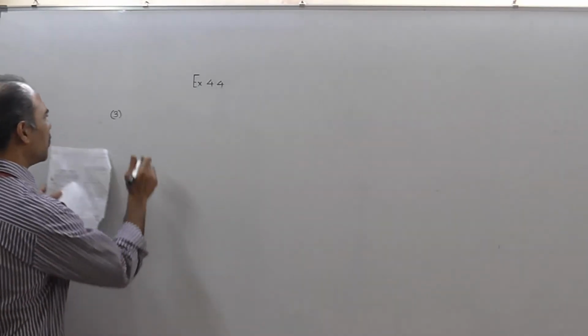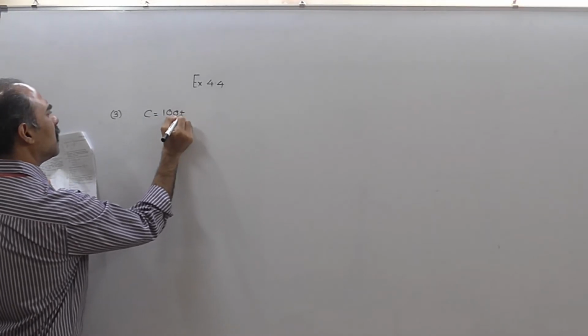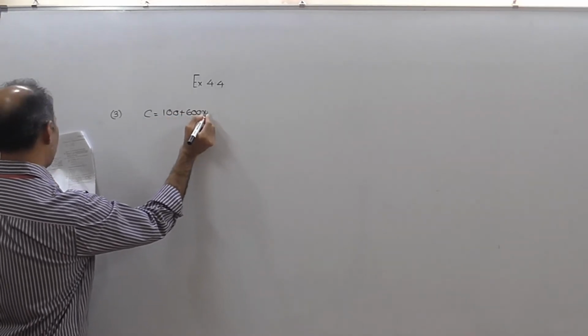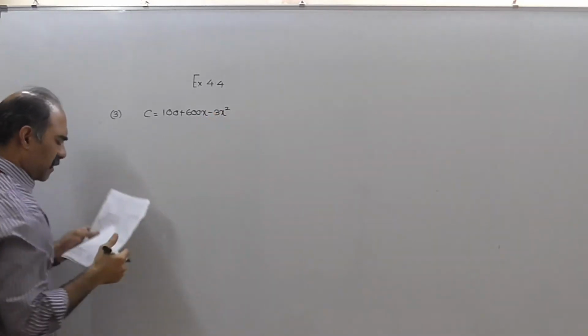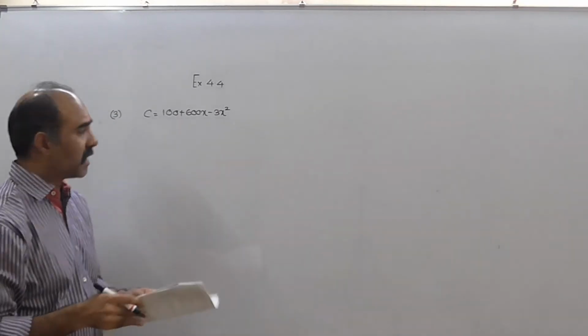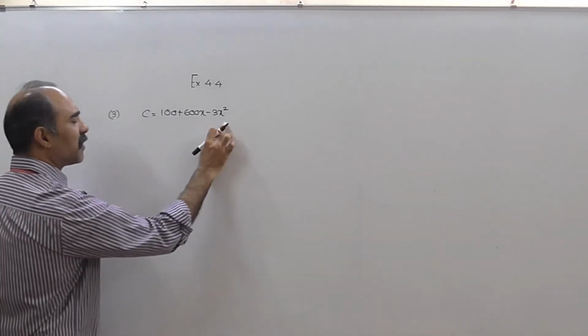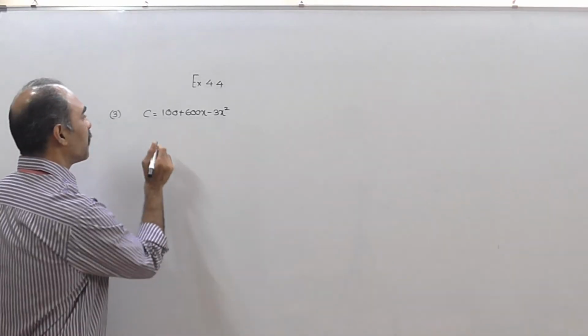Total cost function is given by C equal to 100 plus 600x minus 3x square. Find the value of x for which the total cost is decreasing. So this is the equation for total cost, and you have to find the value of x for which the function is decreasing.